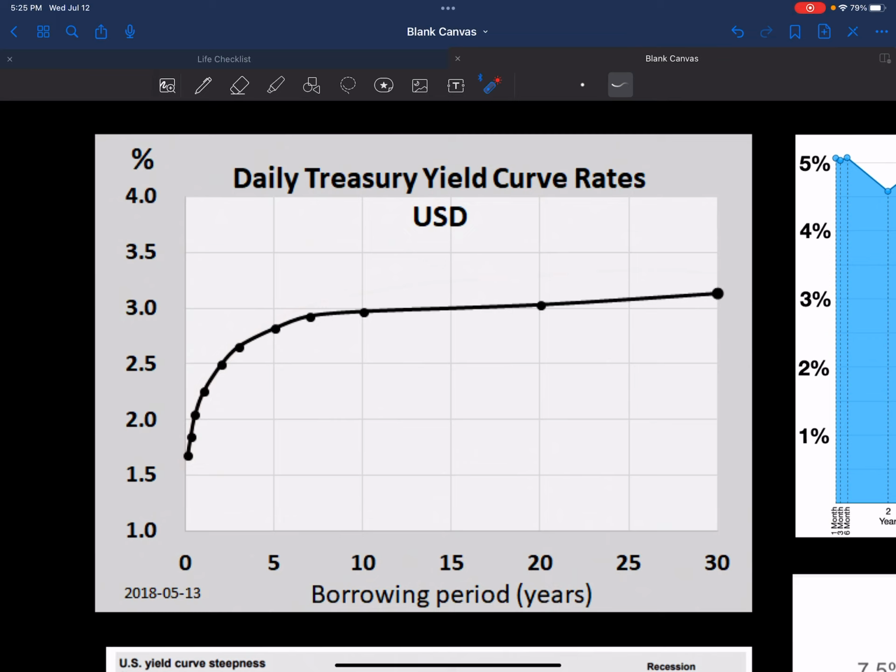And it is market determined, so it's not something set by the Fed or whatever. This is determined by the free market, showing less risk in the short run and more risk in the long run. So this is why the yield curve typically looks like this.